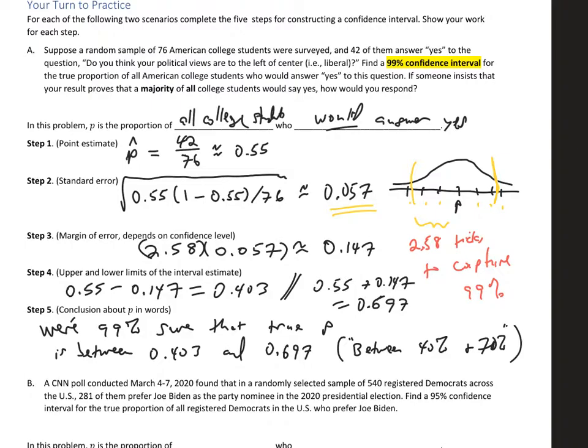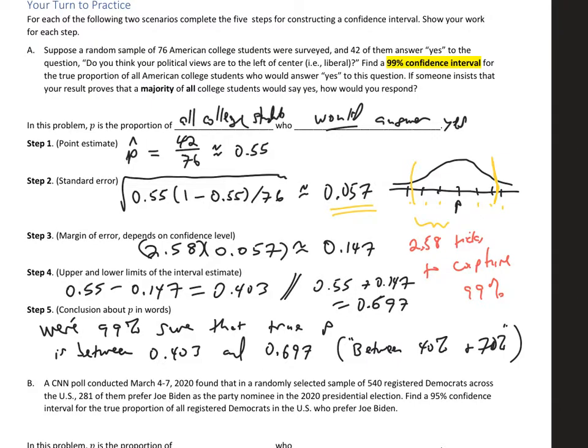So it's not that surprising that the range is so wide. Because I'm using a 99% confidence interval, I want to say something that I'm 99% sure is true, which means I have a very wide interval, because the only way to be very, very confident in what I'm saying is to say very little. So saying the proportion is between 40% and 70% says very little, but I can be 99% sure that's right.